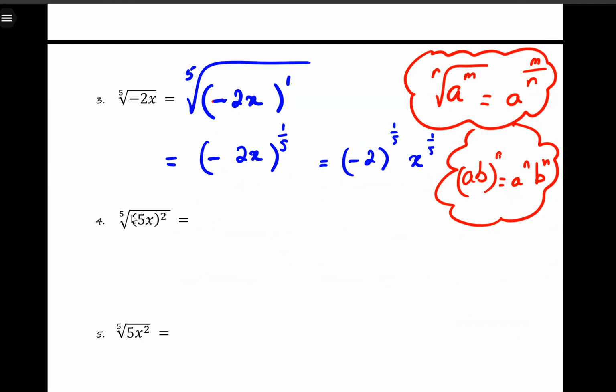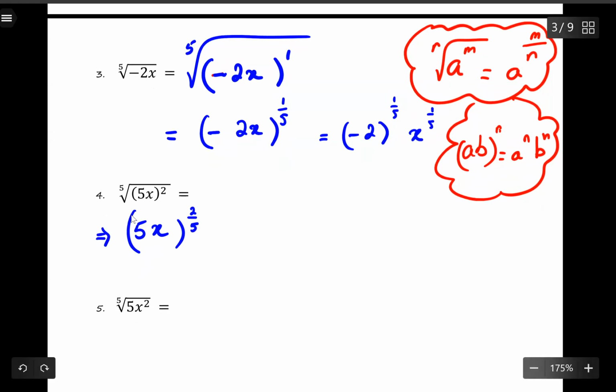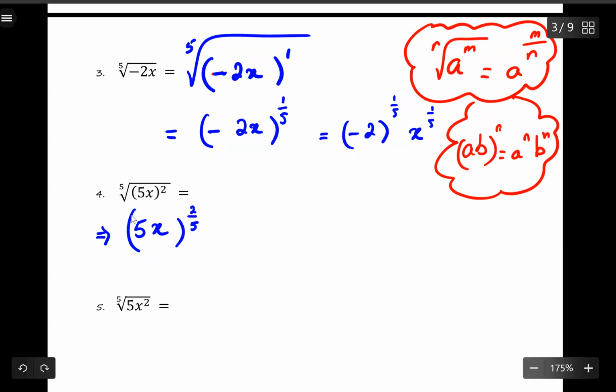Alright, so for number 4, I should write 5x raised to the exponent 2/5, right? This should be very simple. The reason I have this question is because I want you to compare number 4 and number 5 and see the difference.